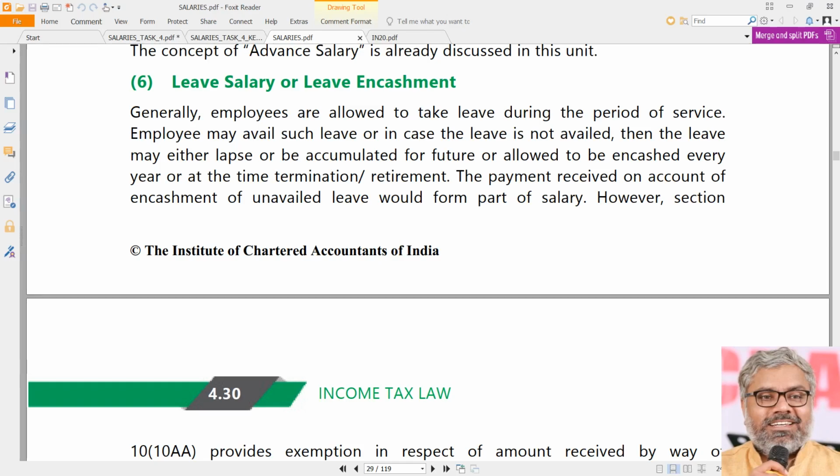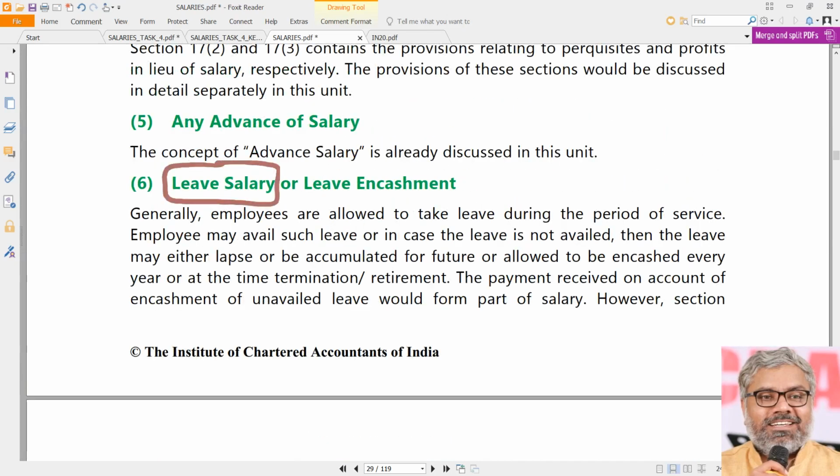So our next discussion is going to be leave salary, or we can call it leave encashment. First, let us understand what it is, then we can understand what the exemption is all about. What is leave salary or leave encashment?